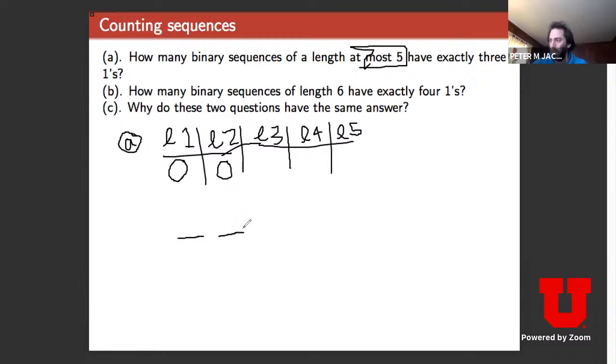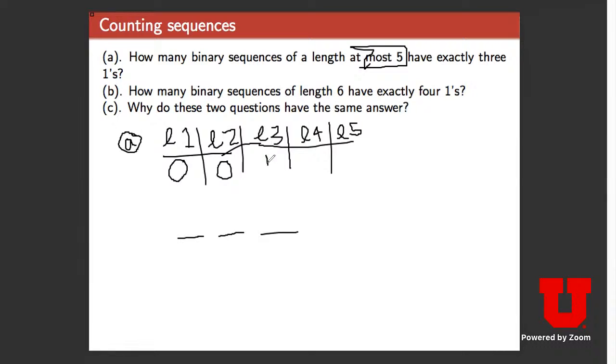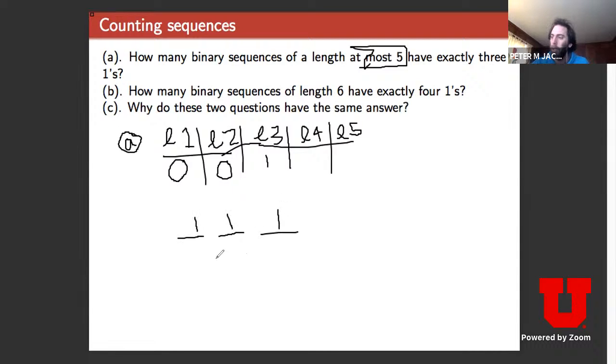This would just be 1. Yeah, there are 3 slots, so it's evident that there's only one way to achieve 3 ones here. We would have to put 1, 1, and 1 in the 3 slots. Another way to say that is that amongst the 3 slots, we had to choose all 3.